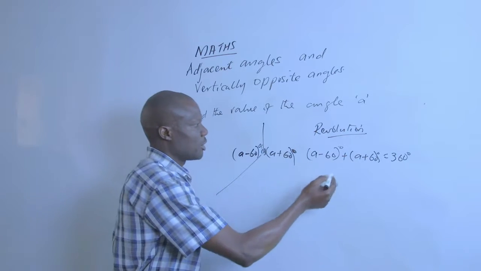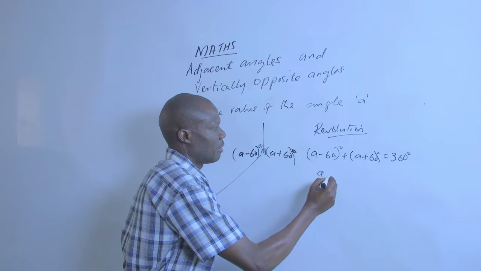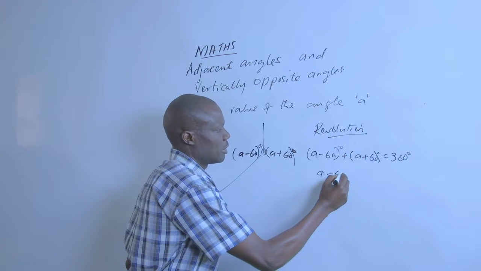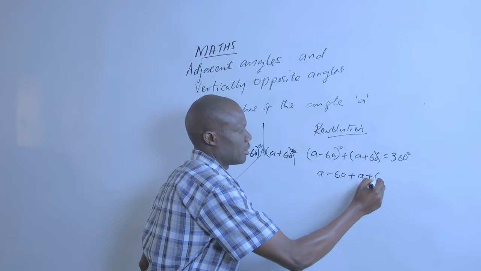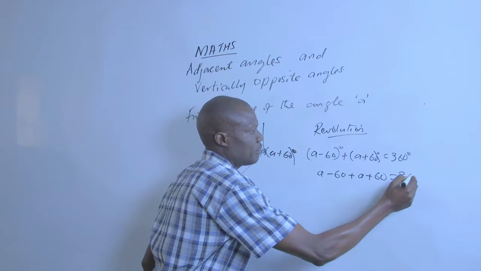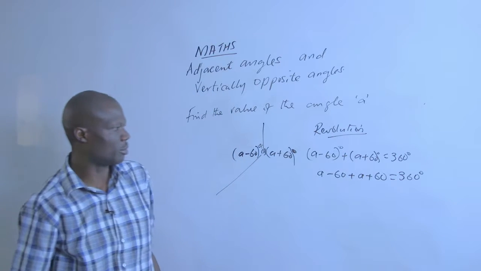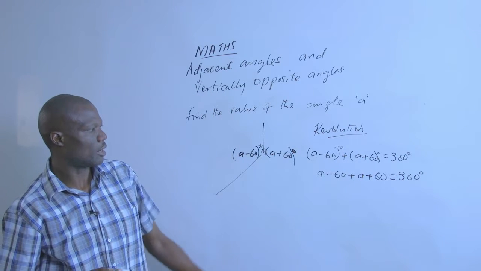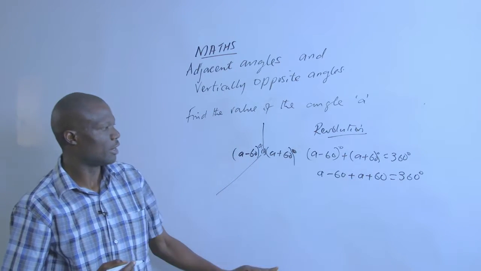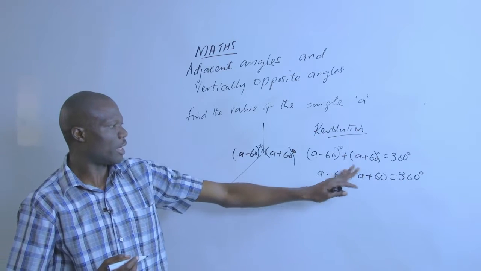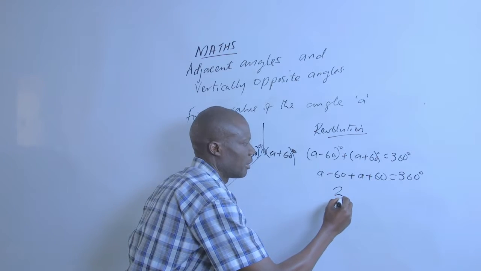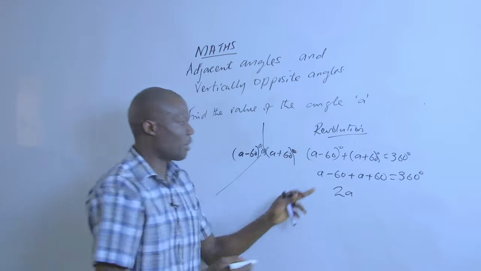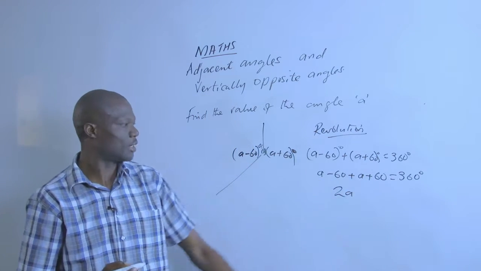Opening up the brackets, we shall have A minus 60 plus A plus 60, which forms 360.